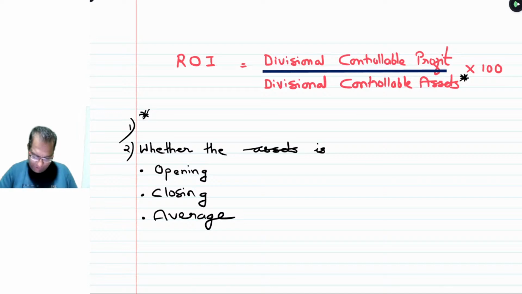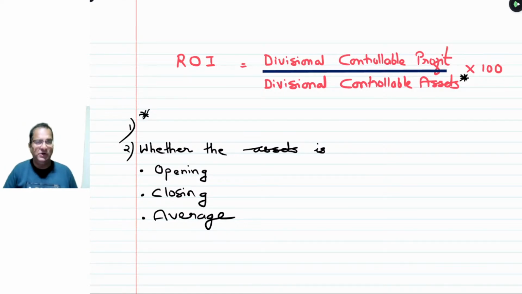Okay, as per Jyoti Kakkar, it's after deducting the depreciation charge. So it should be after deducting the depreciation charge.